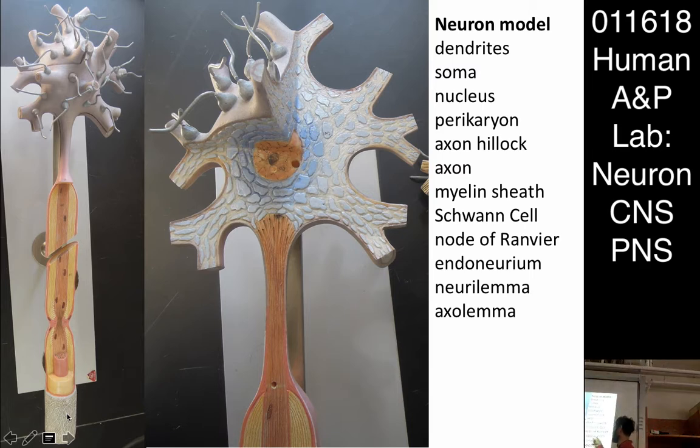The endoneurium. My tongue needs to wake up fully here. The endoneurium is completely analogous to the endomysium that we saw as the connective tissue sheath along an individual muscle fiber.